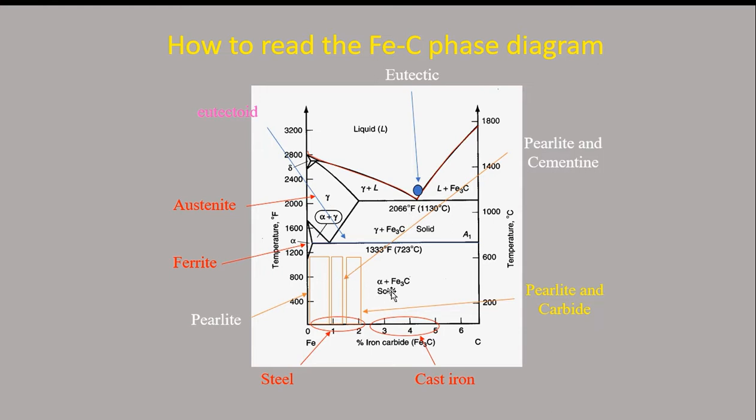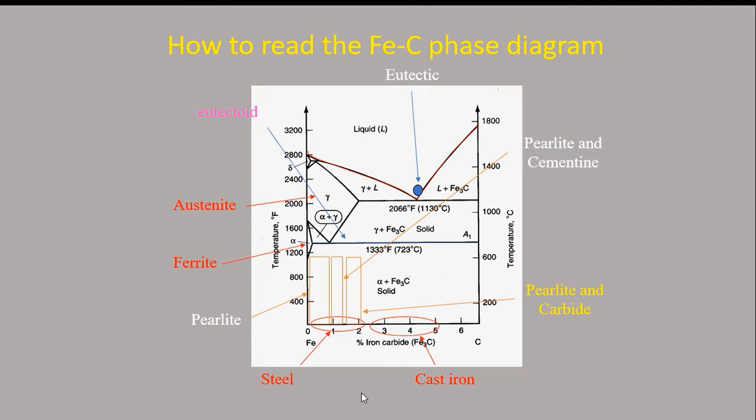And this is the gamma change into alpha plus cementite Fe3C plus alpha, right? This is the pearlite. So this is the pearlite range, and this austenite, right? So this is liquid. Likewise, that is how we read the iron carbon diagram for our applications.